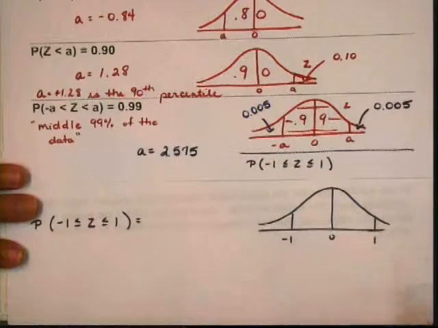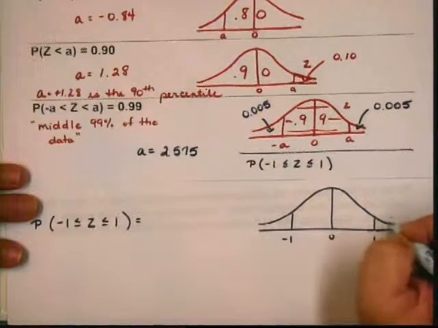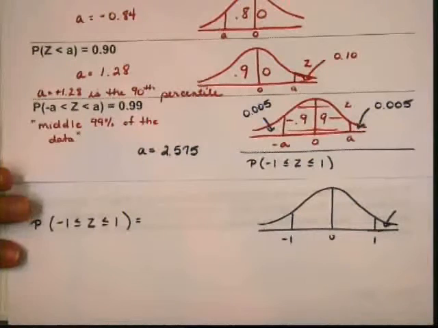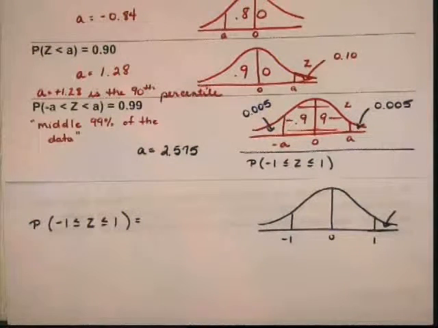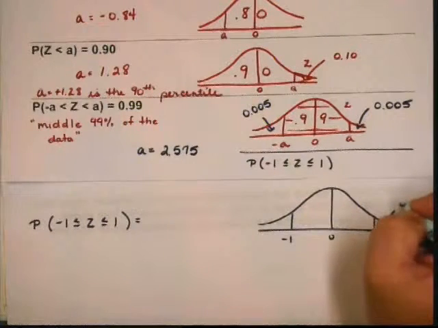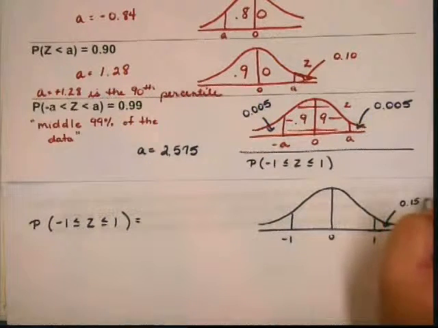If you look up a z-score of 1, you get the right-hand area. That's this piece. What's the probability associated with a z-score of 1? .1587.